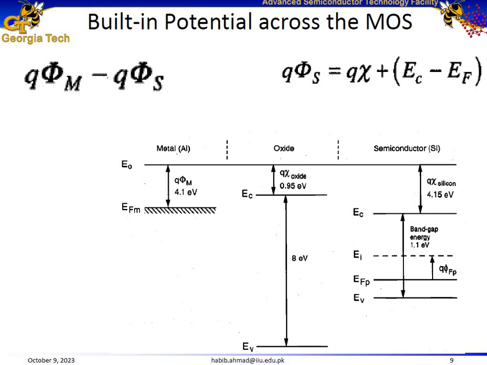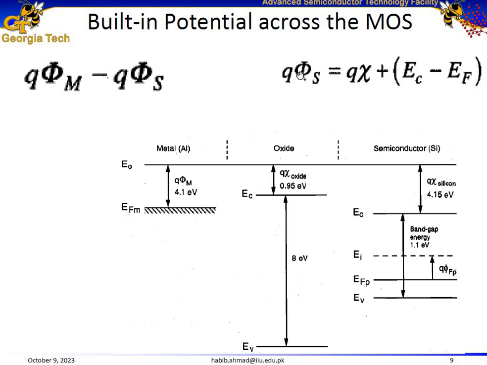Similarly, for a metal oxide semiconductor, we will have a built-in potential given by phi m minus phi s, where phi m is the metal work function, the difference between the vacuum level and Fermi level for the metal, and phi s represents the semiconductor work function, the difference between the vacuum level and the Fermi energy level for the p-type semiconductor.